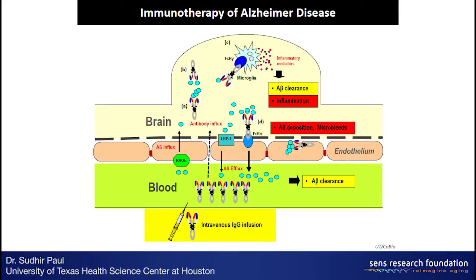The antibody is injected, a small amount of the antibody gets into the brain. There is ingestion of the immune complexes by the microglia, and the plaques are cleared. The antibody immune complex can also bind to these Fc receptors at the blood-brain barrier, and the peptide is essentially pumped out into the periphery.